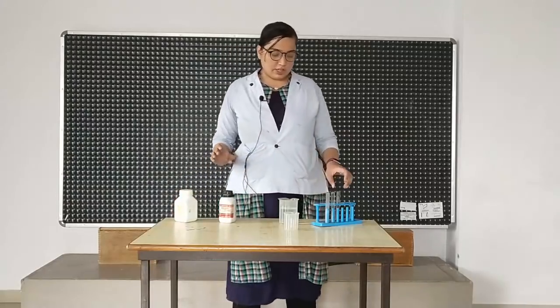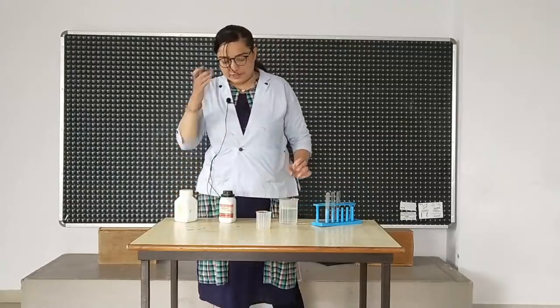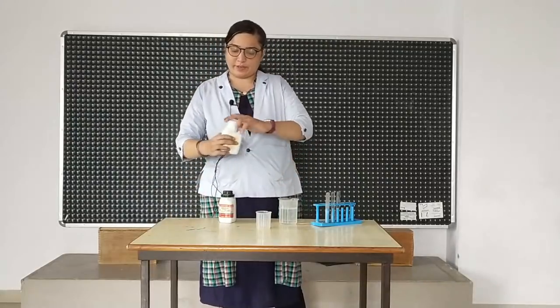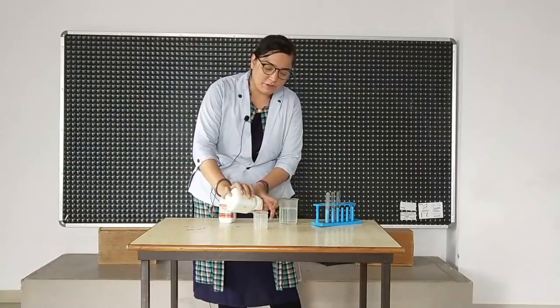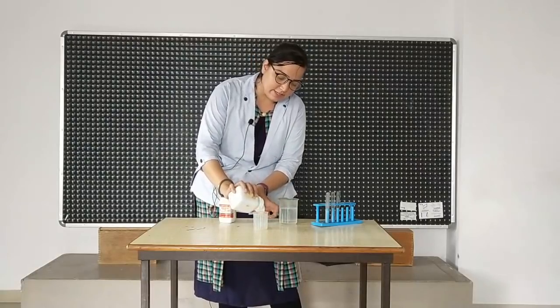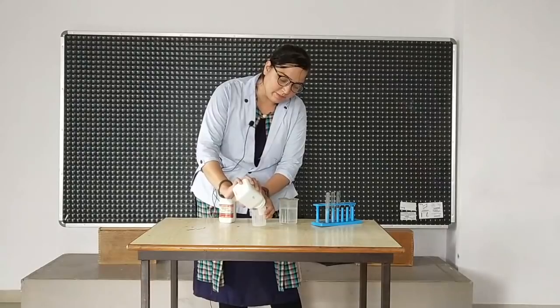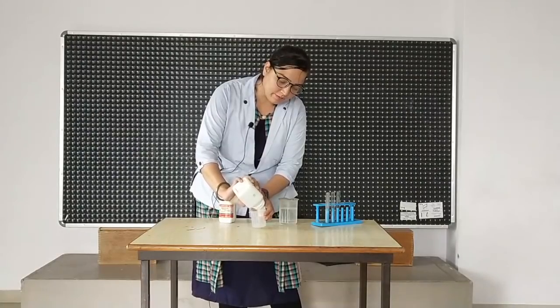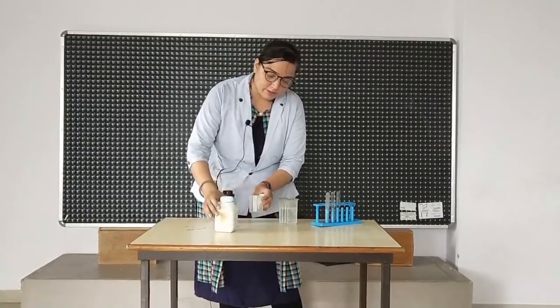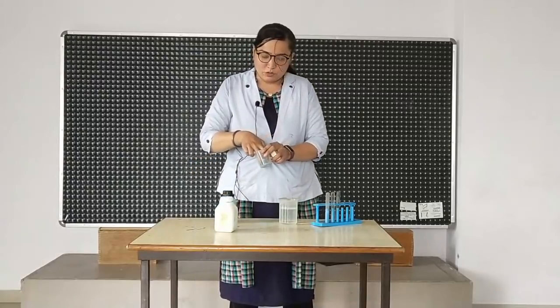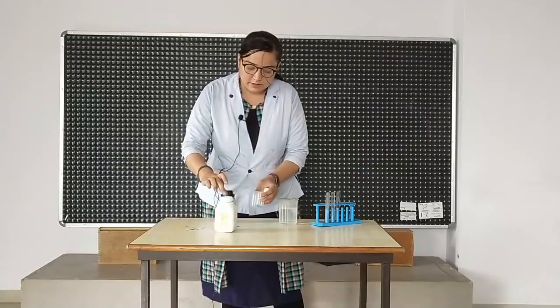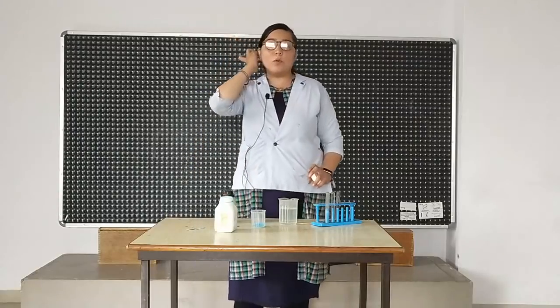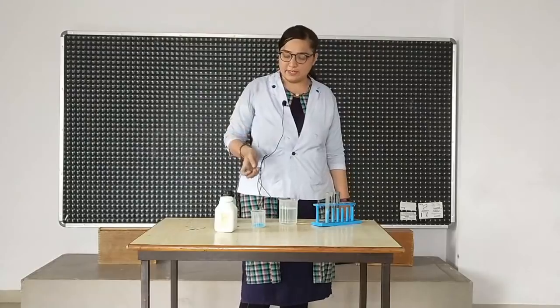We'll first make the copper sulfate solution over here. A little bit of copper sulfate will be added to this beaker. The chunks won't be used. The copper sulfate is blue in color and you can see it.